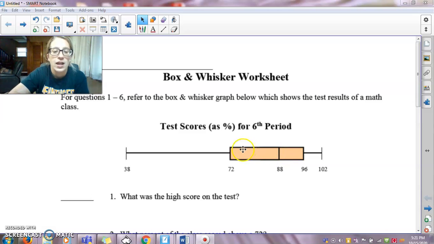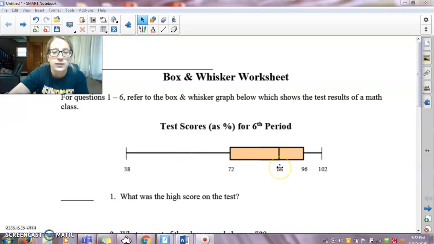There's always a minimum, meaning the smallest value, a Q1, also called first quartile or lower quartile, and that represents the middle of the smaller half of the data set.